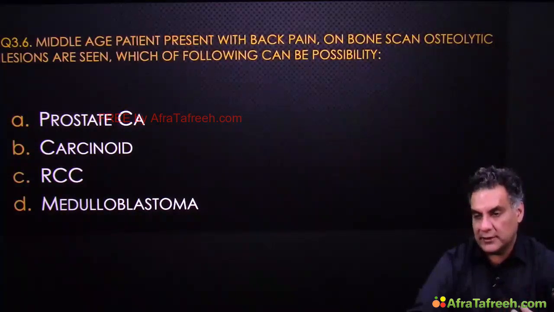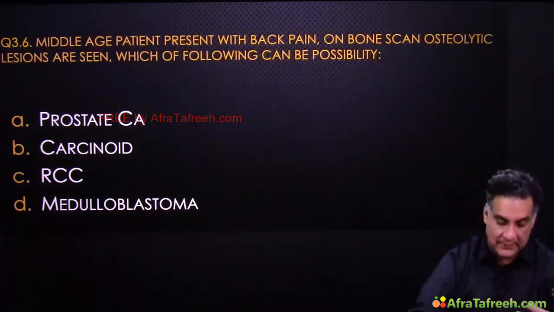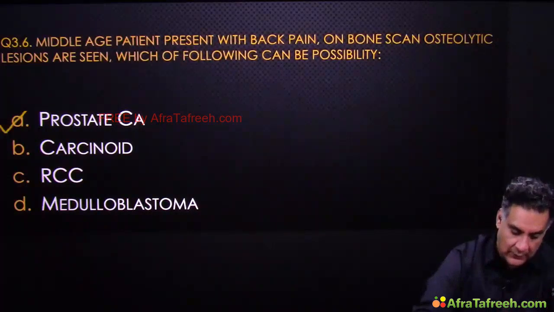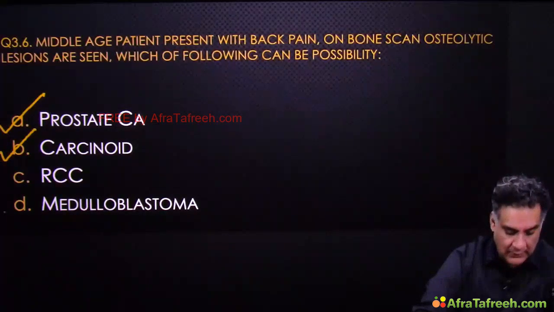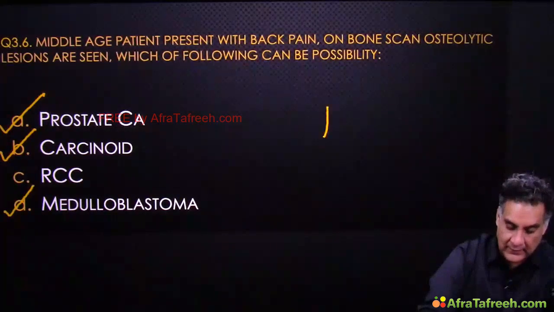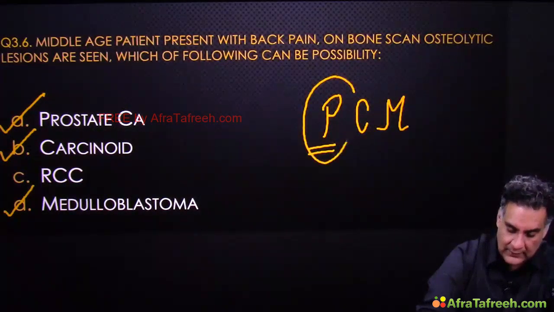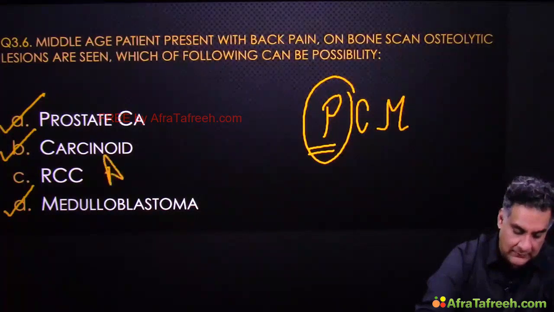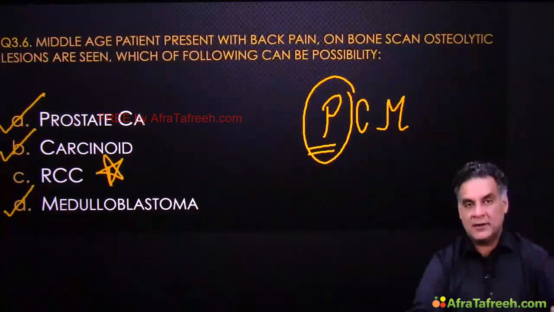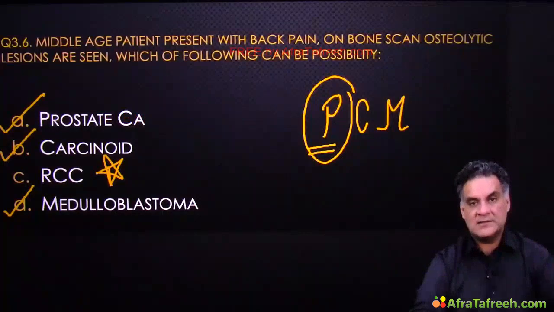I need to first look at the causes of osteoblastic mets: prostate, carcinoid, medulloblastoma. Paracetamol is the mnemonic. Prostate is classically osteoblastic, so the answer will be kidney. Remember, kidney and thyroid have lytic lesions which are also pulsatile metastases.